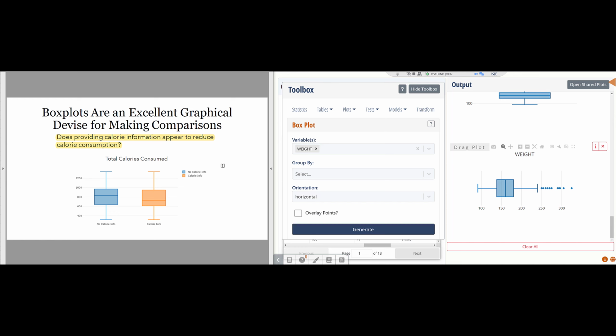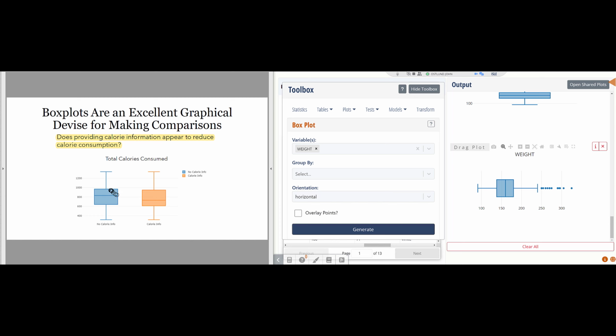So, does it appear that people who received calorie information consumed less than people who did not receive calorie information? Based on these box plots, the answer appears to be yes.